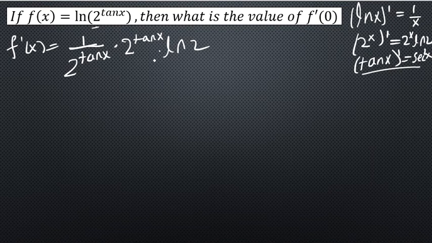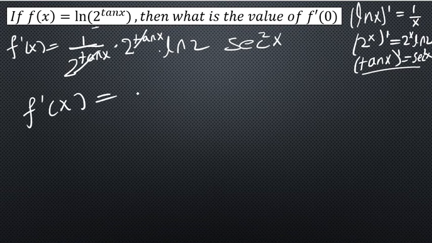This part is for the exponential: 2 to the power of x derivative is 2 to the power of x ln 2, so 2 to the power of tan x, when you derive it, is 2 to the power of tan x times ln 2. And next, tan x derivative is sec square x. Therefore, we can cancel this one. So what's left now? F derivative of x becomes sec square x ln 2.